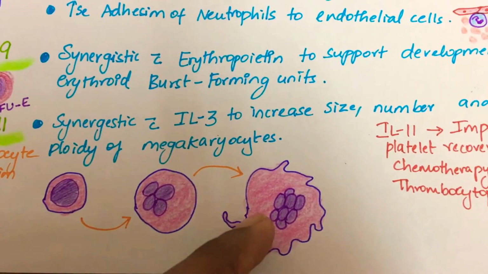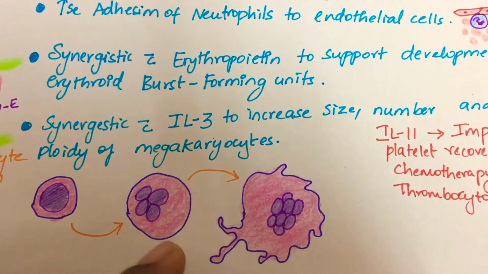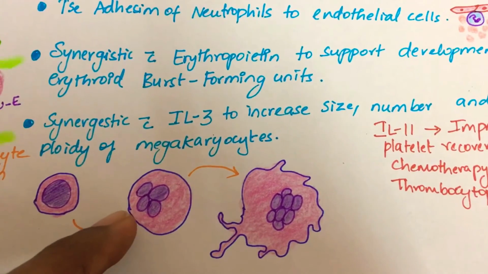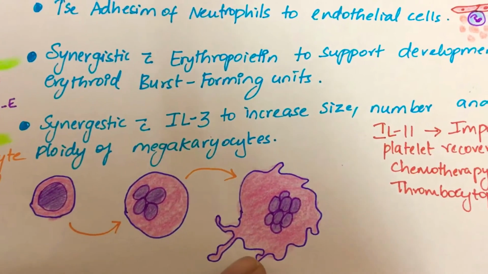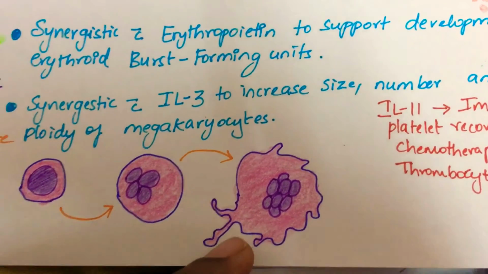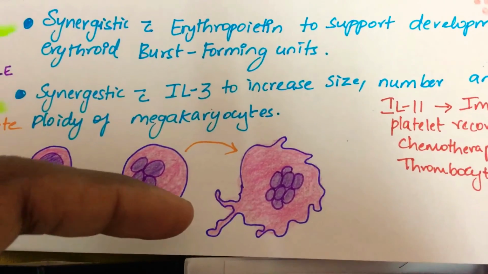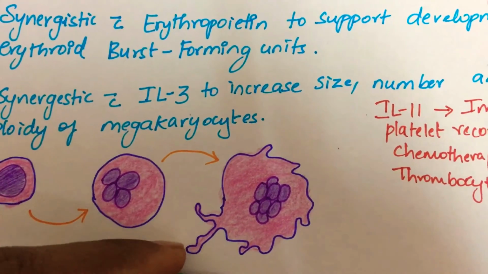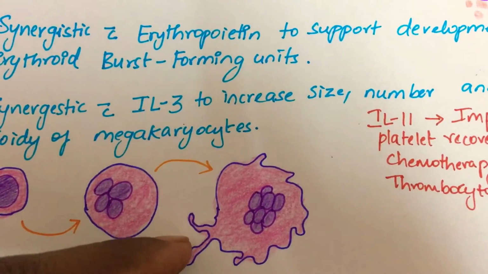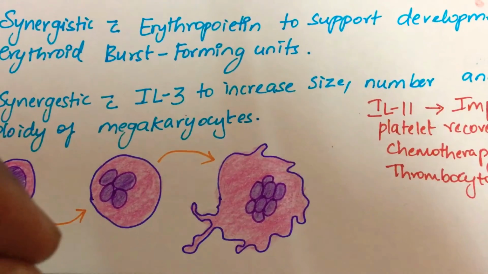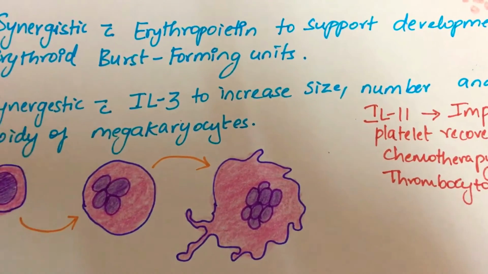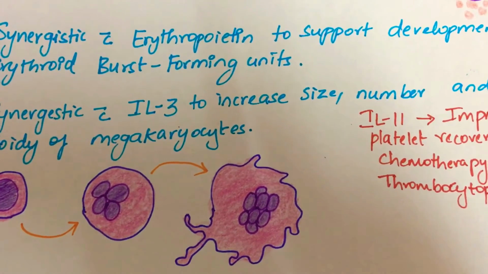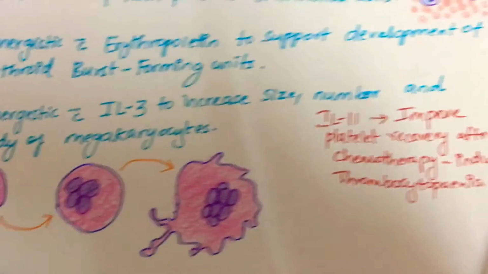It multiplies, and the cell size only increases as the number of nuclei increases. And when it reaches the megakaryocyte stage, you will see these bleb-like structures, because these blebs will separate from the cytoplasm, and they will become the platelets that you see in the circulation.